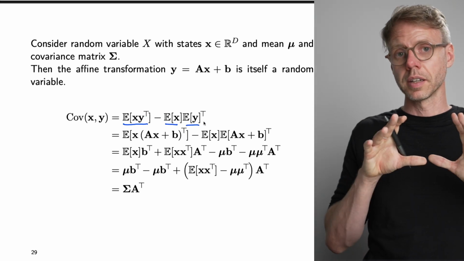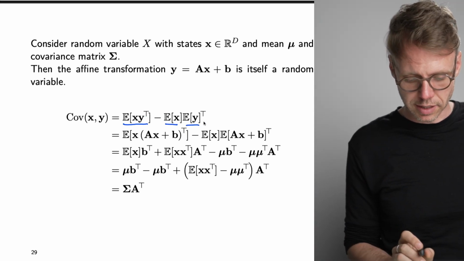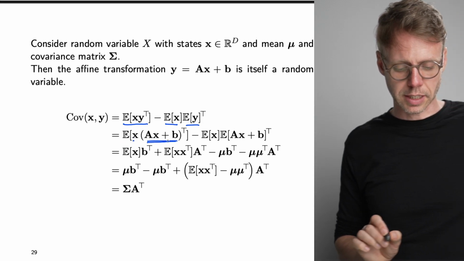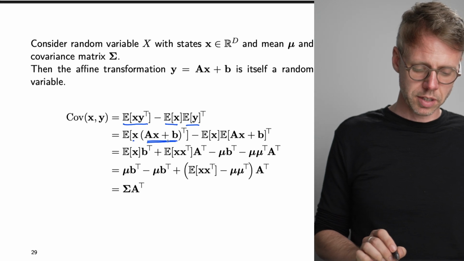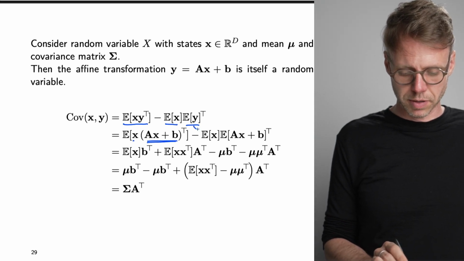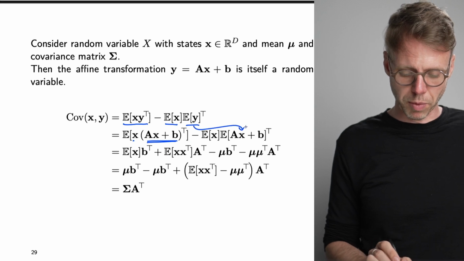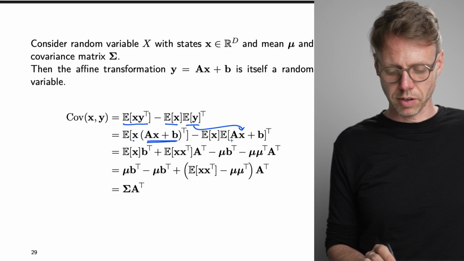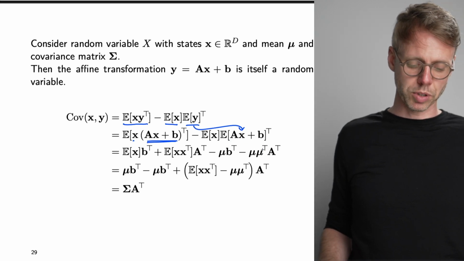Plugging in the formula for y again, we get the expected value of x times (Ax plus b) transpose for the first term. And for the second term, we again plug in the formula for y, we get minus E of x times E of (Ax plus b) transpose.